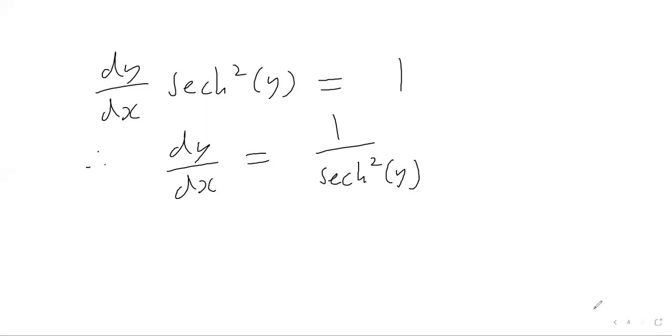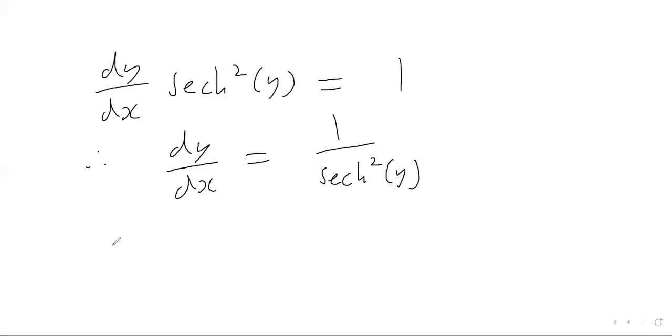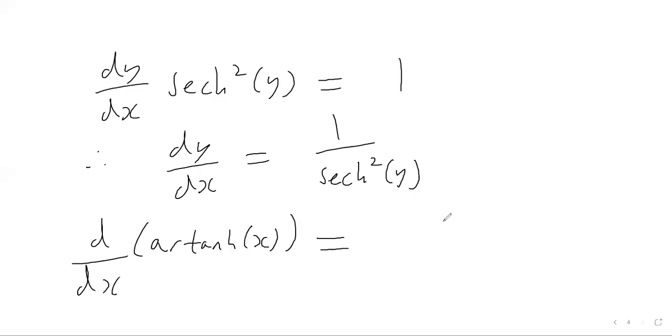And y, of course, is literally artanh of x, which is what we wanted to differentiate. So the derivative of artanh of x would be 1 over sech squared of y.